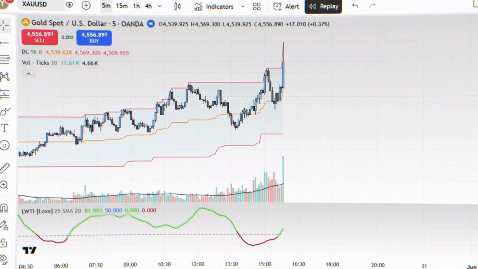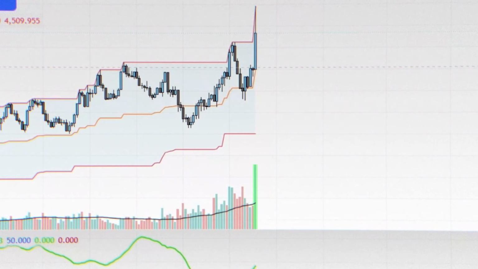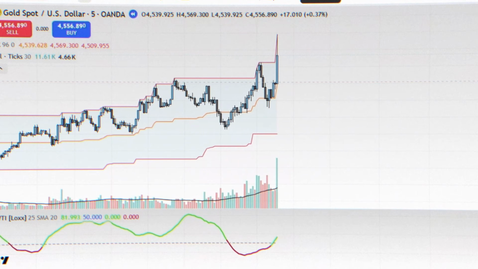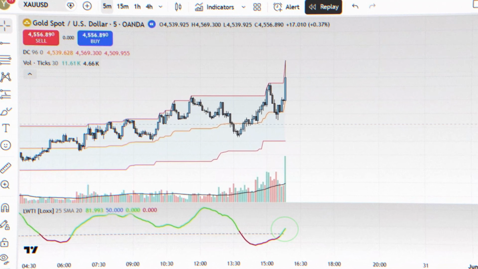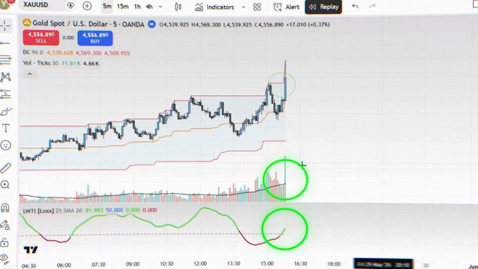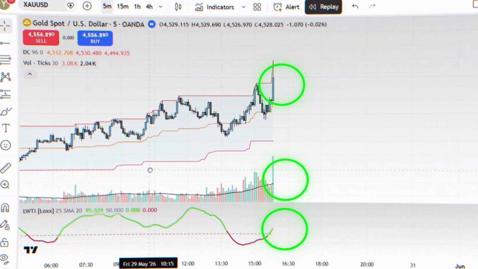Step 3. Check your volume bars. The current breakout volume must print a green bar that closes completely above the white 30-period moving average. This confirms true institutional momentum. All three of these specific variables must align on the exact same candle to trigger an entry.